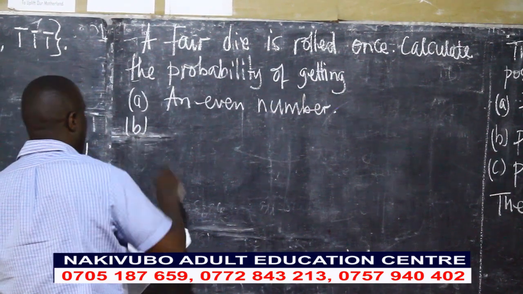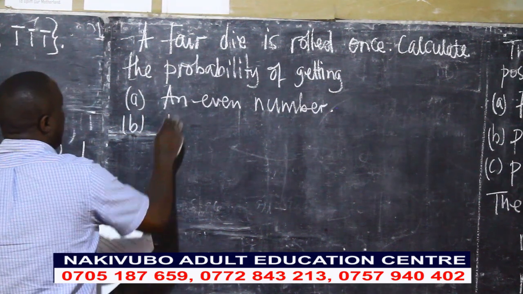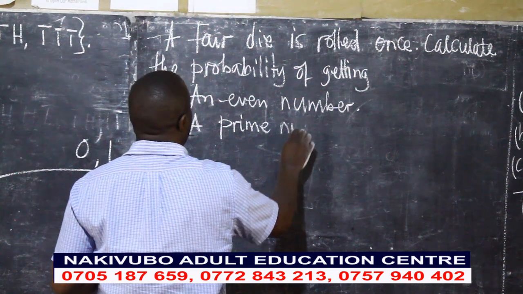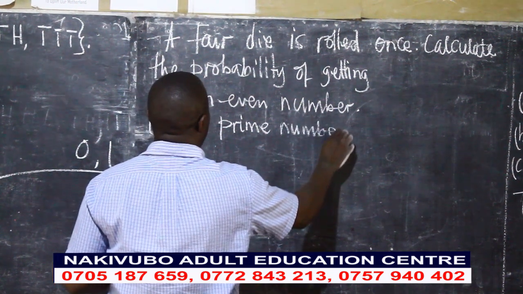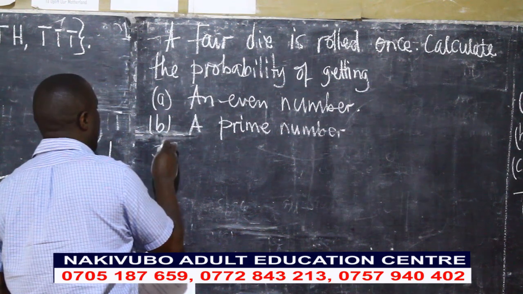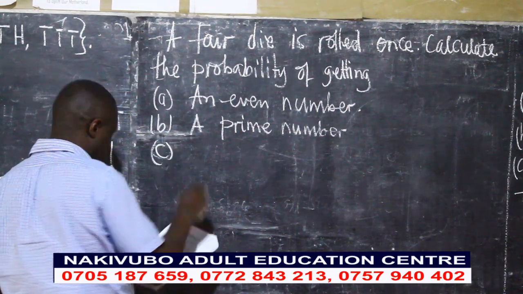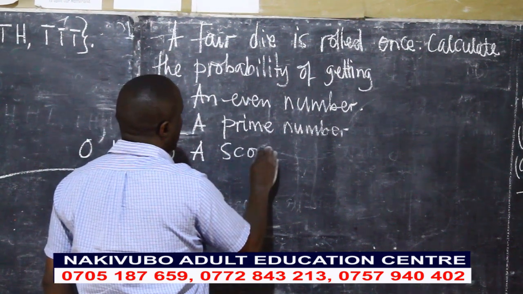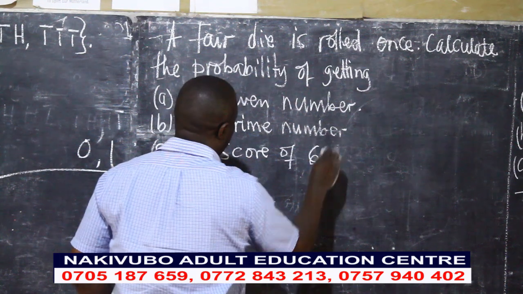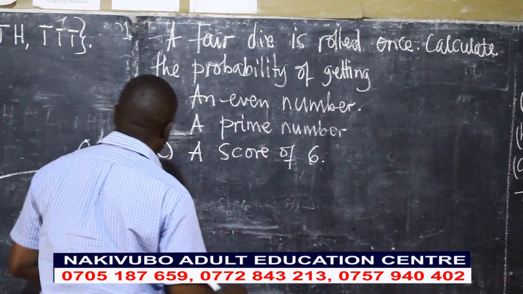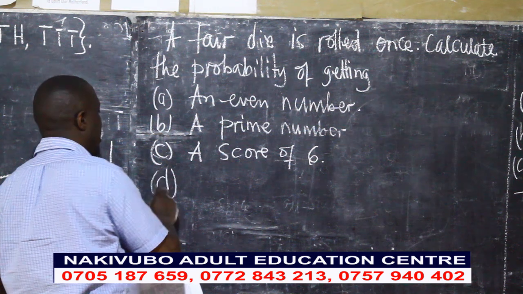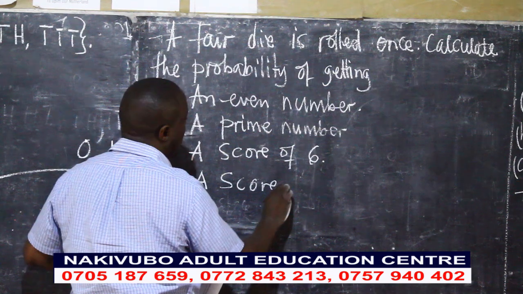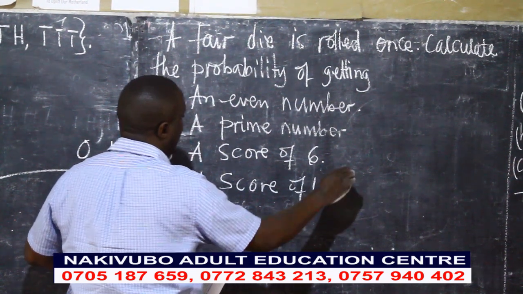B, a prime number. C, a score of 6. D, a score of 10.